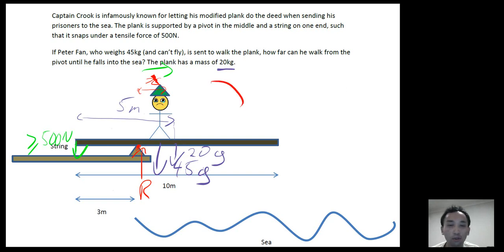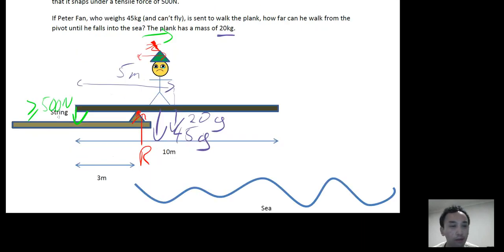So let's find out the distance that Peter can walk to the right from the pivot point until it's 500 newtons. If the distance is even more than that, then the force over here would be greater than 500.